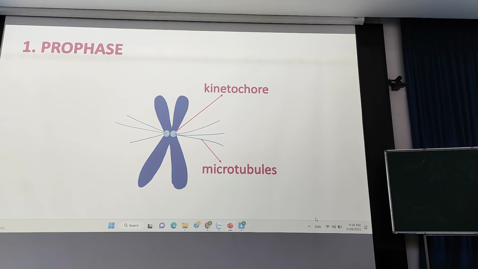It is more precise if you say that it's attached to the centromere of the chromosomes. The kinetochore appears in the centromeres and attaches to the centromeres. And lastly, the spindle fibers attach to the kinetochores and pull the chromosome apart into two parts and move to the opposite poles of the mitosis.